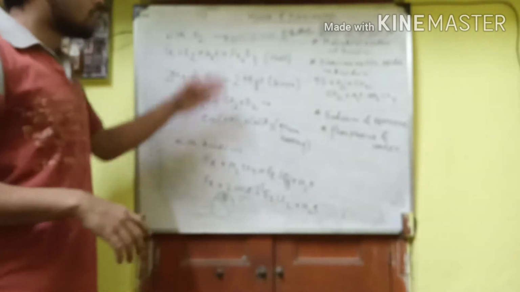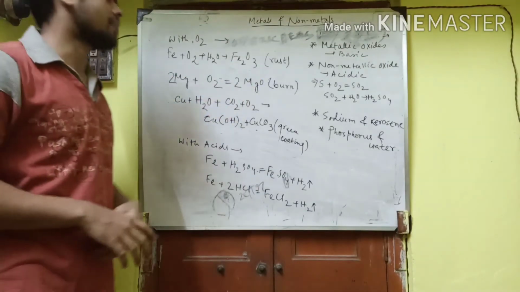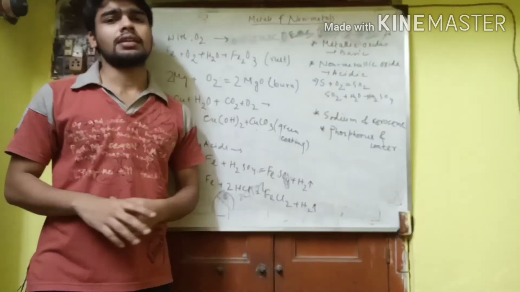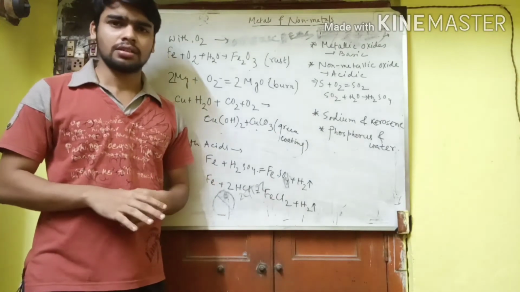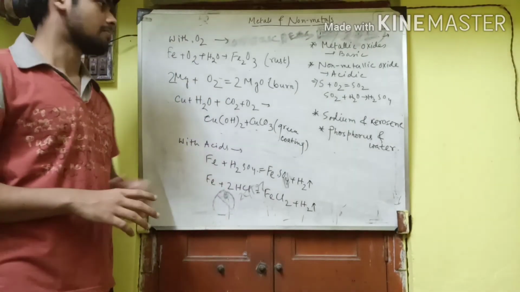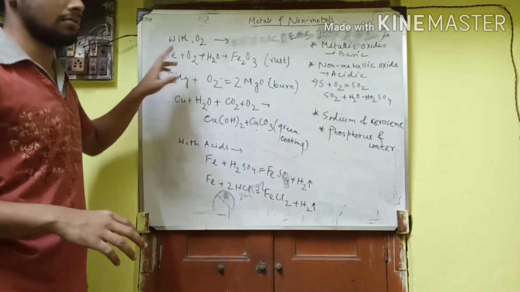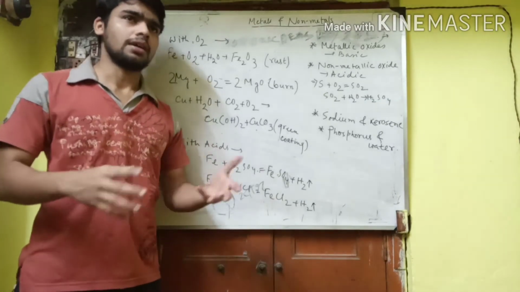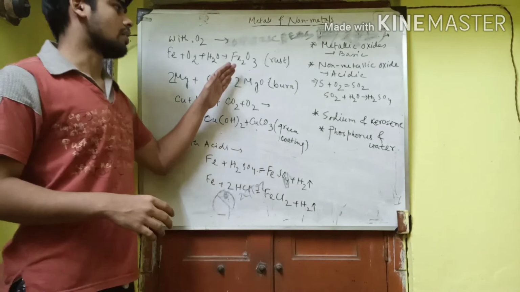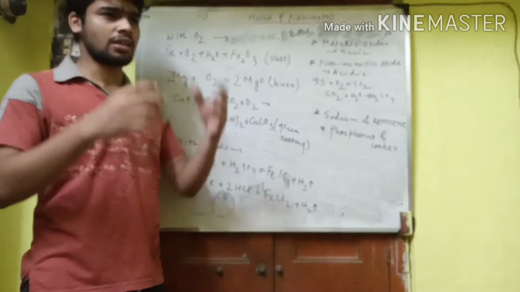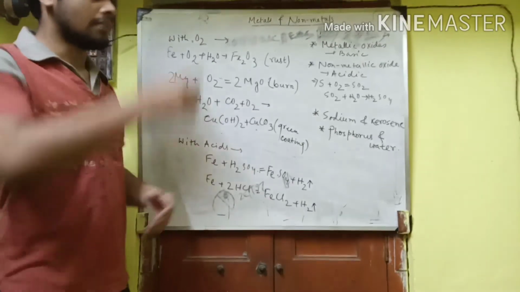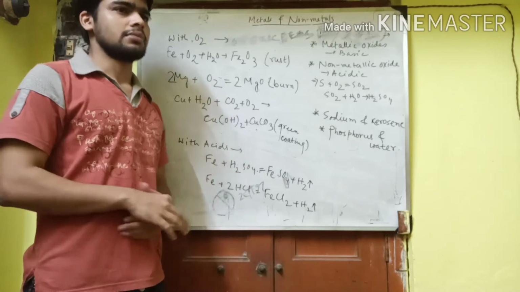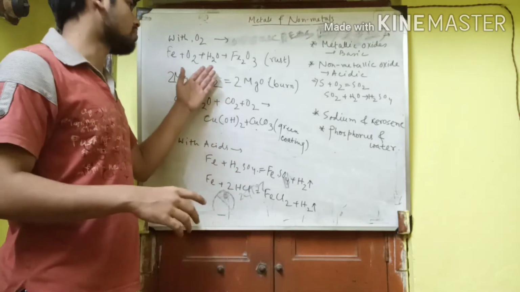We obtain the oxide of iron, Fe2O3, which is known as rust. Rust is nothing but the reaction between iron and oxygen in the presence of water or moist air. It forms a coating over the iron, and the iron is gradually decaying.